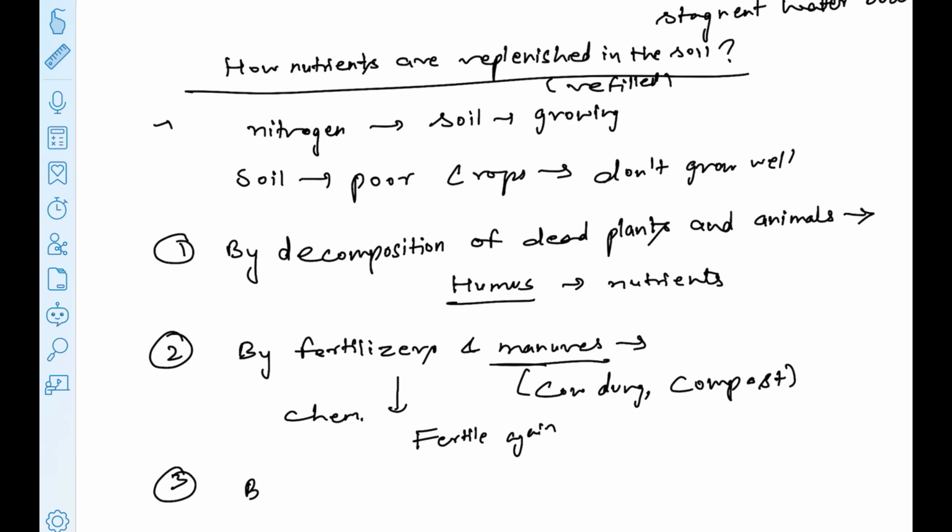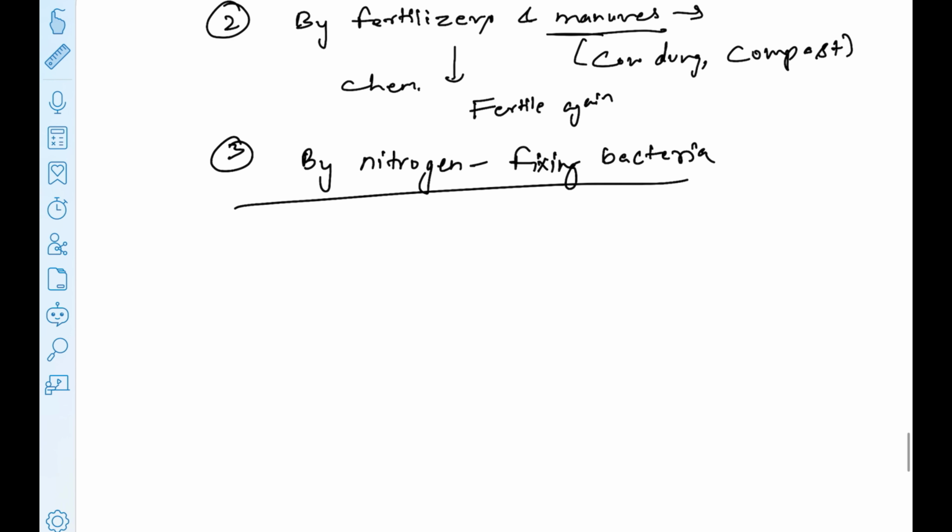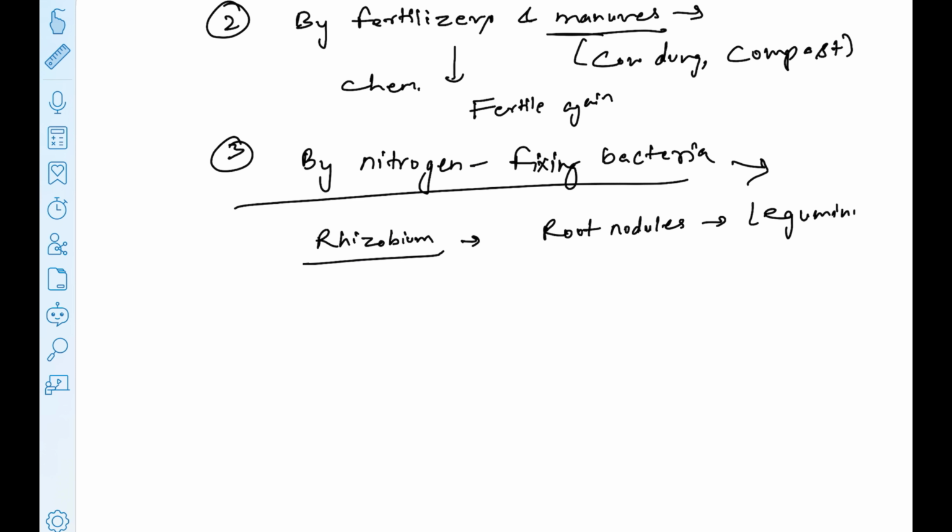Third, by nitrogen fixing bacteria. Some bacteria like rhizobium live in the root nodules of leguminous plants like peas and beans.